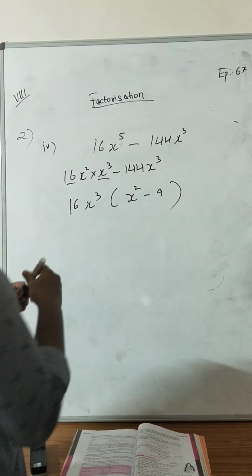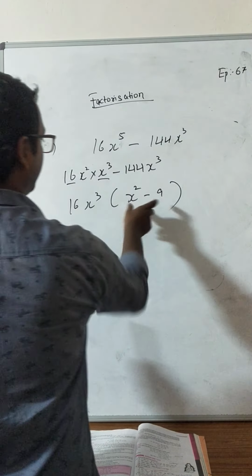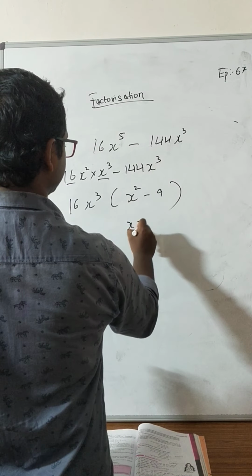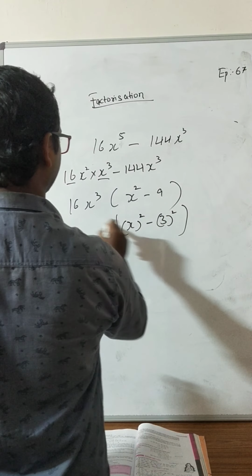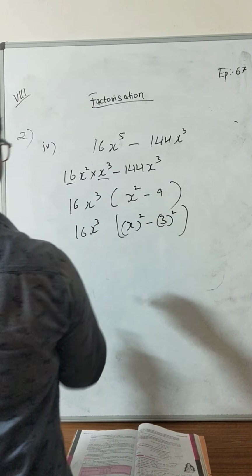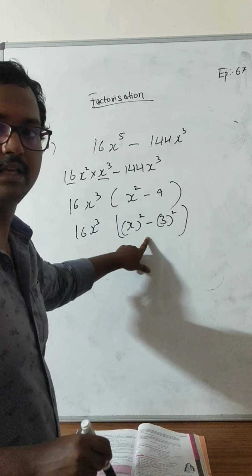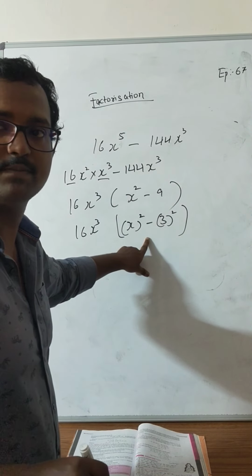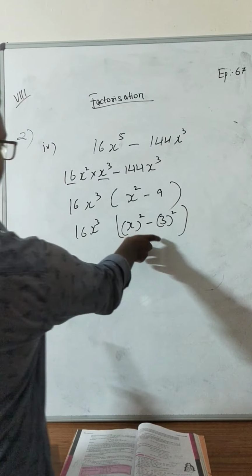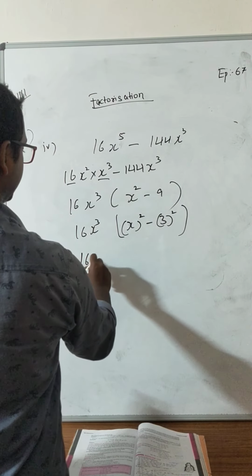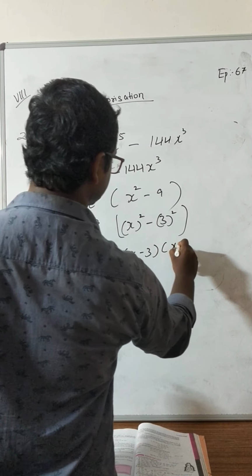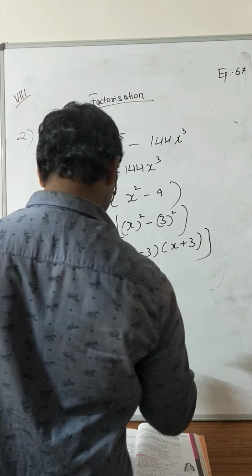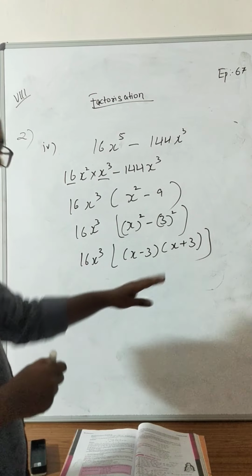That's it. Now this is of the format x power 2 minus 3 power 2, which is similar to identity 3, a square minus b square, which is (a plus b) into (a minus b). So I will split this into that format. I will have 16x cube, and here I will have (x minus 3) and (x plus 3). So this is our final answer.